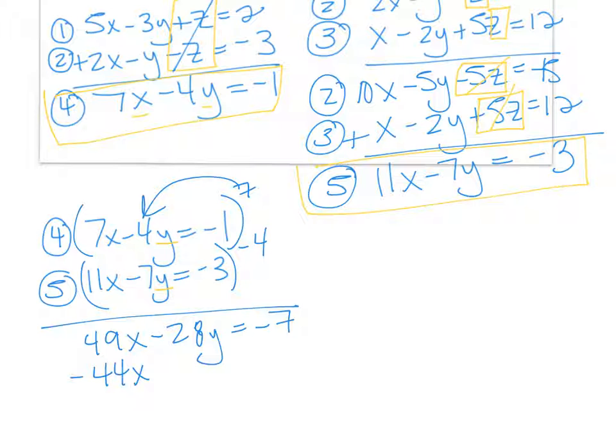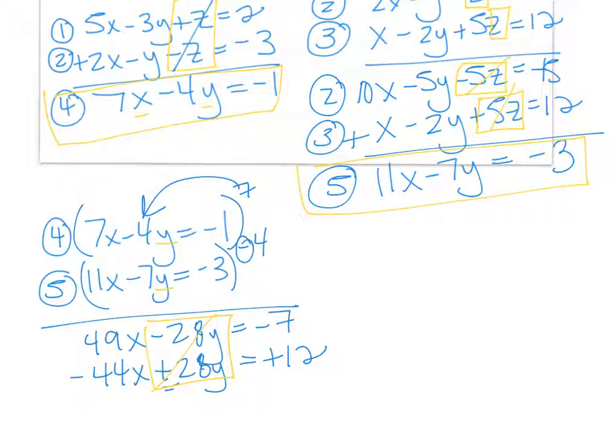Negative 4 times negative 7 gives me the positive 28y that I needed. That's why I had to include that negative 4, because I had to change this to be positive in order to eliminate my y's, because negative 28 plus positive 28 is going to do that. And then lastly, negative 3 times negative 4 is positive 12.